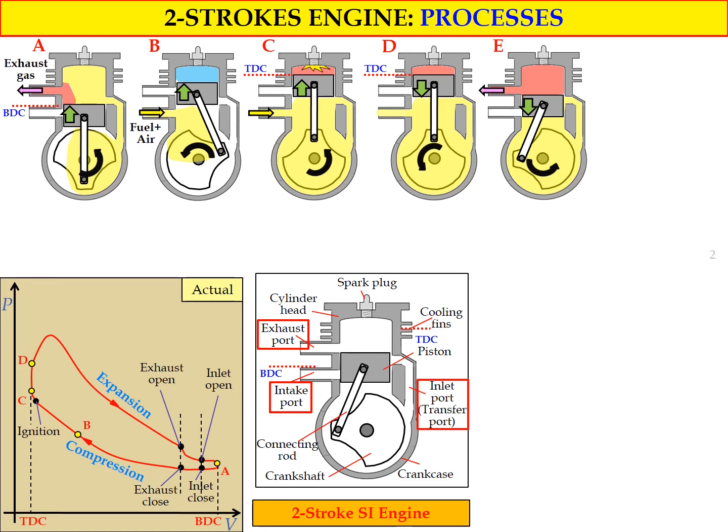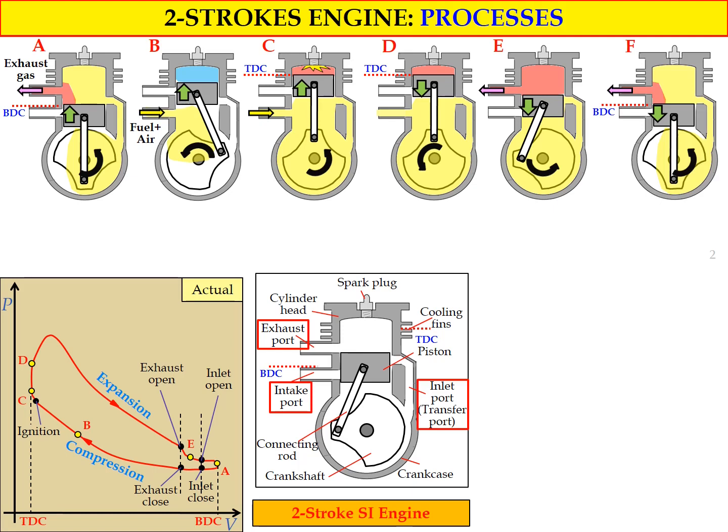The pressure of the fuel plus air mixture will increase and stand by to enter the combustion chamber. If we plot the point for figure E on the PV diagram, the point will be represented by point E, and the location is in between the exhaust open point and the inlet open point.